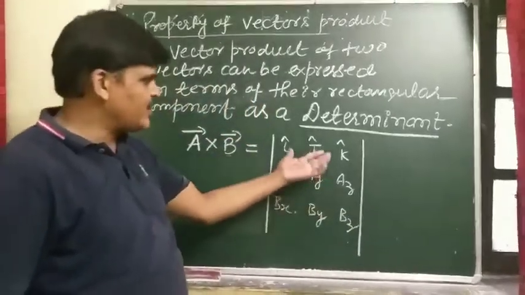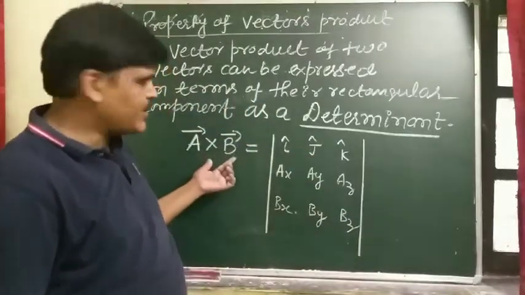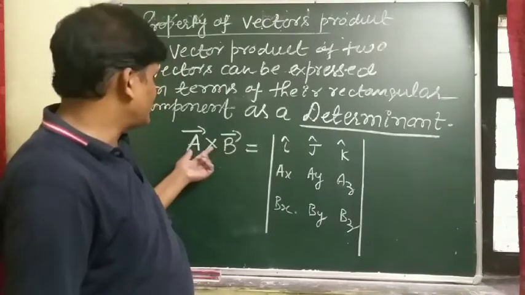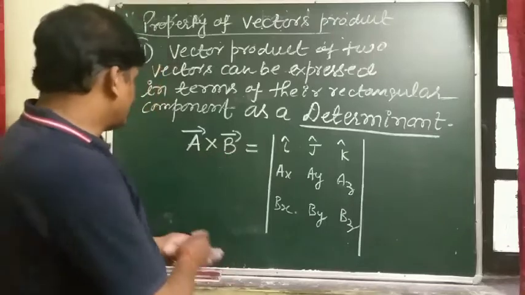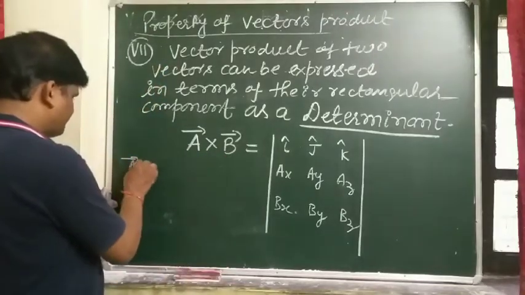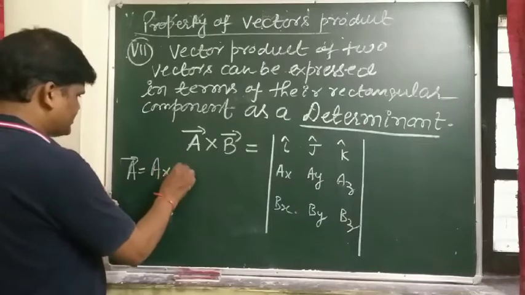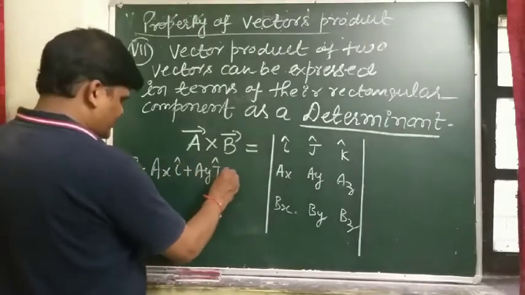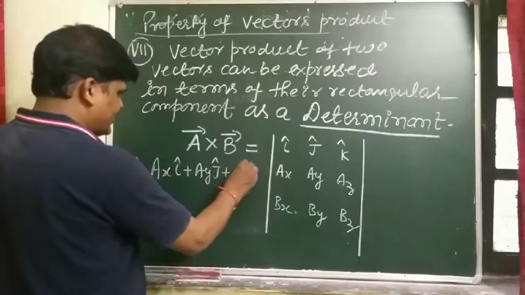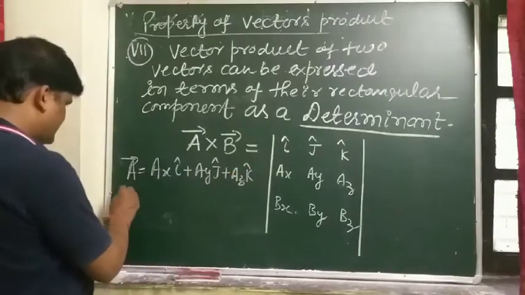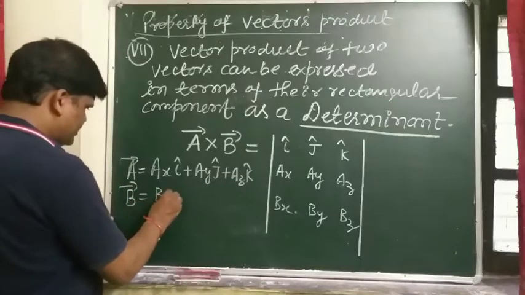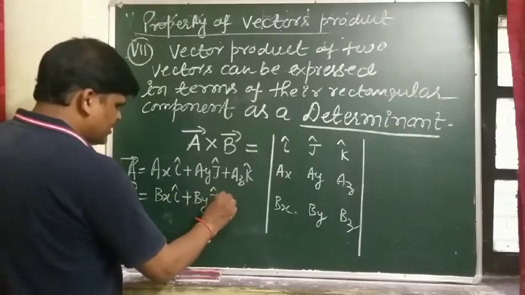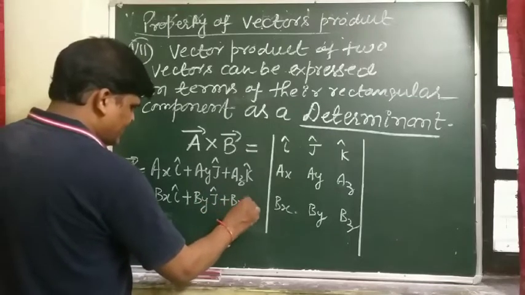This is the determinant form of the vector product of two vectors. You know that vector A is Ax i cap plus Ay j cap plus Az k cap, and vector B is Bx i cap plus By j cap plus Bz k cap.